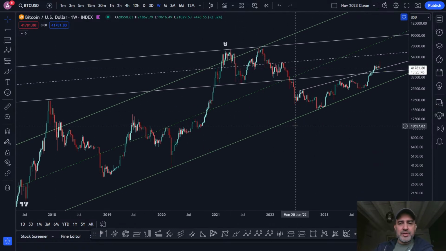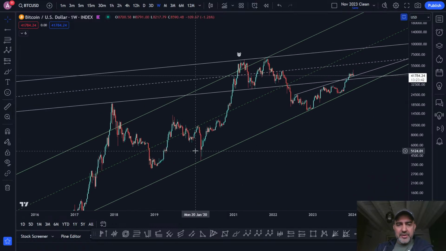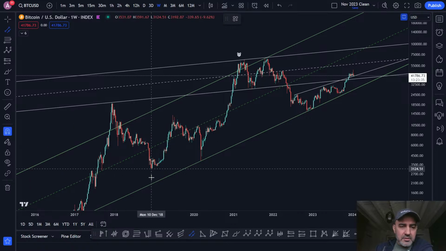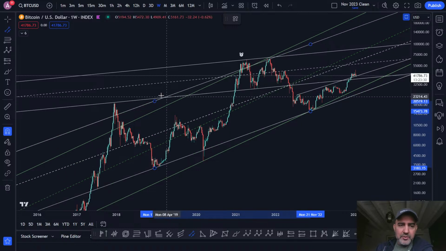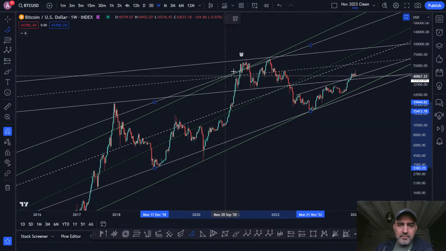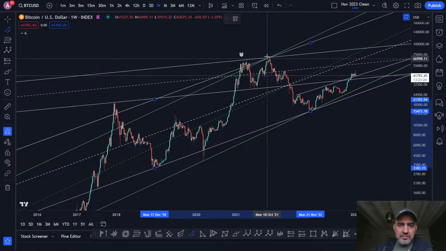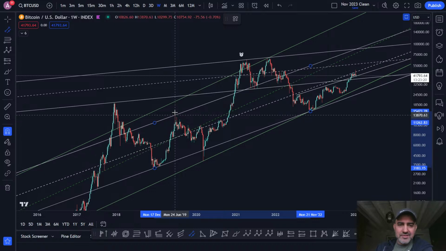There are other ways of drawing this, like I've seen other examples on Twitter where people are ignoring this COVID low, and they kind of ignore the COVID low. Let me see. Yeah, I don't know. Everyone has their own little biases.